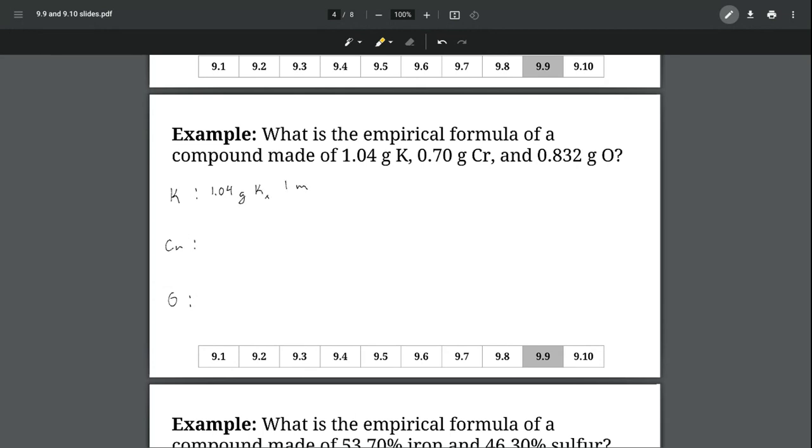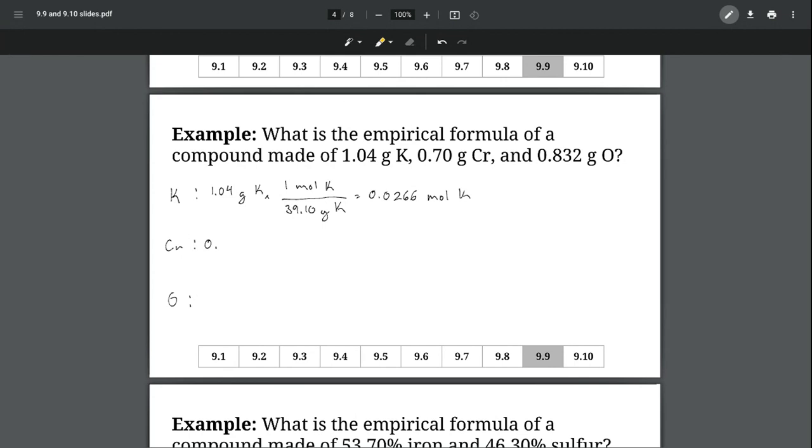To get to 1 mole, we look at that periodic table value as always, which is 39.10 grams, which multiplies out to be 0.0266 moles. Okay. Then we do the same thing with Cr.